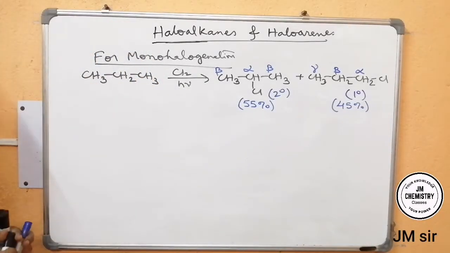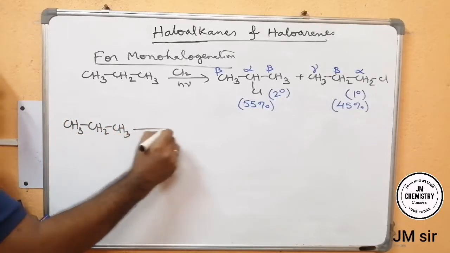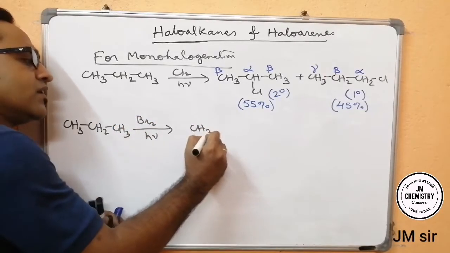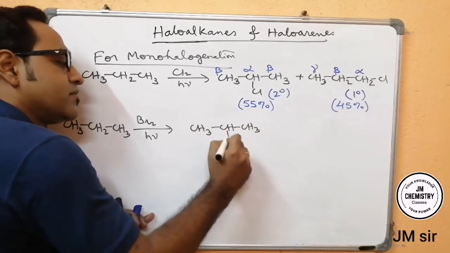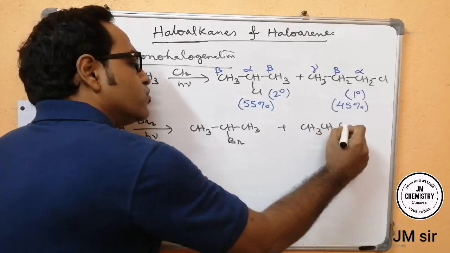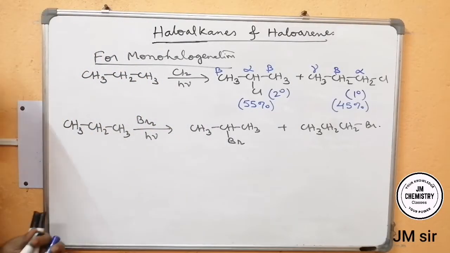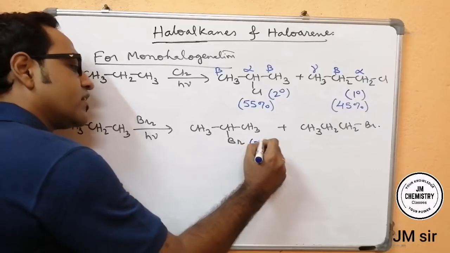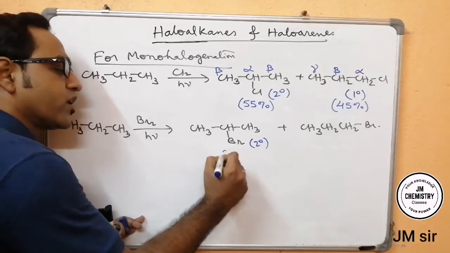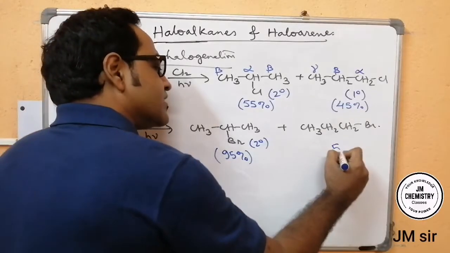Now the same reaction with bromine: CH3CH2CH3 reacts with bromine Br2 in presence of hν to form CH3CHBrCH3 plus CH3CH2CH2Br. Here the formation of the 2 degree product is the major product, 95% or even more, and the other is less than 5%.